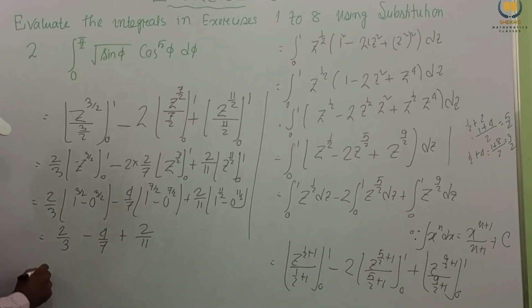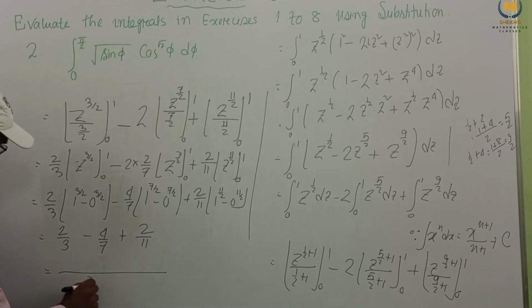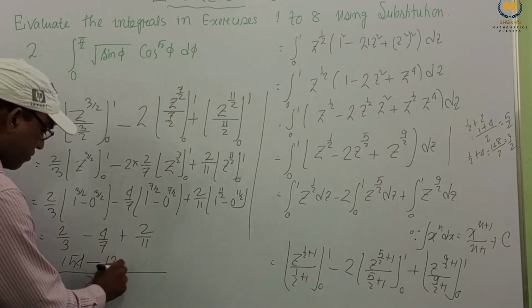And taking LCM, multiplying, we get 231. And dividing this by LCM, we get 77. 77 into 2, 154. And we divide this in LCM, this 7 cancels, then 33. 33 into 4, we get 132.